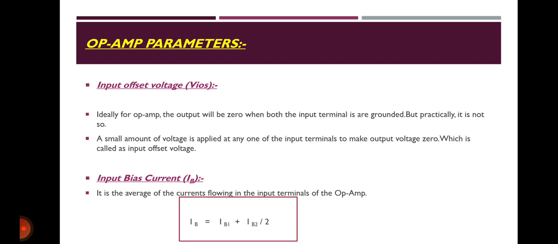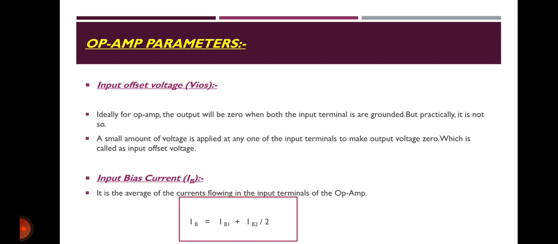Ideally, for zero input voltage, the output of op-amp should be zero, but practically it is not so. Therefore, a small amount of voltage is applied at any one of the input terminals to make output voltage 0, which is called as input offset voltage.